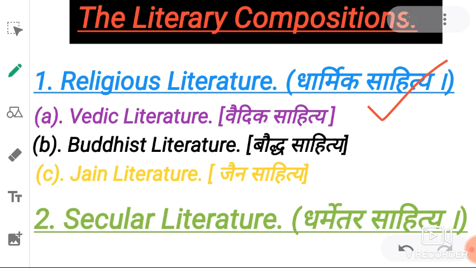First is Vedic literature, in which we know about Hindu Dharma, Sanatan. There are Vedas, Vedangs, Aranyak, Upanishads, Purans, and epics like Ramayana and Mahabharata. So these are Vedic literature.